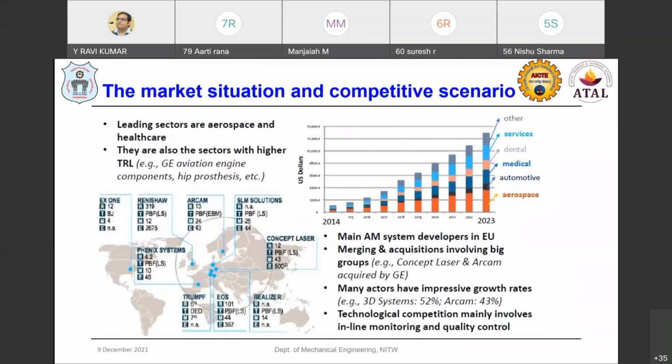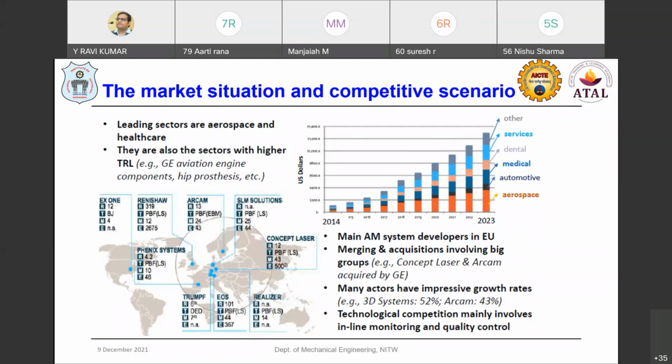And with respect to the market situation and the competitive scenario of this AM process, you can see the leading manufacturers of these machines from Europe, especially for metal 3D printers, and from the US, such as Trump or Realizer. Concept Laser is now called Arcam, and also SLM Solutions, Renishaw, EOS, the Phoenix Systems.